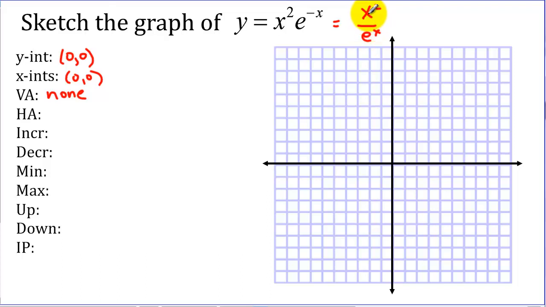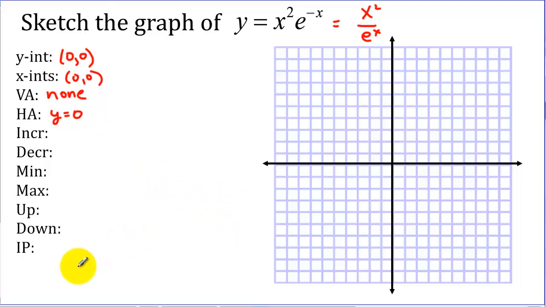But as x gets bigger and bigger, the value of x squared does get big quite rapidly, but e to a big number gets bigger even faster. So when this approaches infinity, the bottom number is going to approach infinity much faster than the top. So our horizontal asymptote is going to be y equals 0. We'll talk more about that in an upcoming lesson, but for now you can just take my word for that.